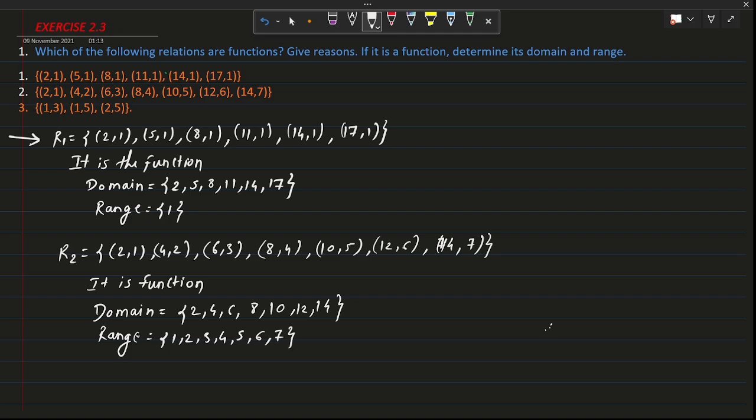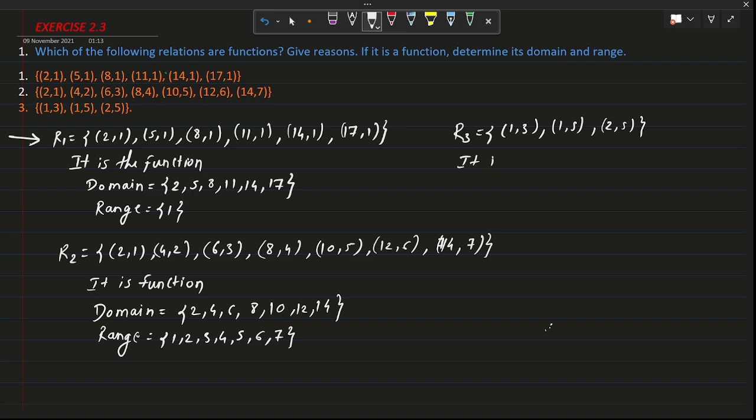Now the last relation, R3, is equal to (1, 3), (1, 5) and (2, 5). It is not a function because it violates the rule of the function, that is 1 is mapping to two elements of the codomain, that is 3 and 5.